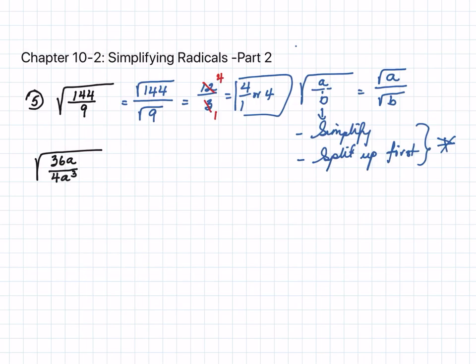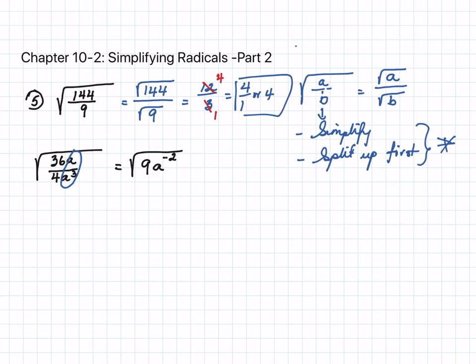I see 36 and 4, which give me a 9, and I get rid of the fraction already. And there's one more: division of exponents. If it is the same base and it is division, I can subtract the exponents. So I have 1 minus 3, which gives me negative 2.